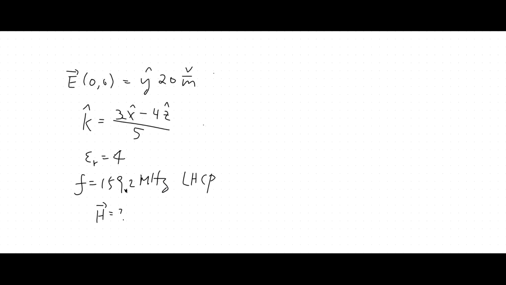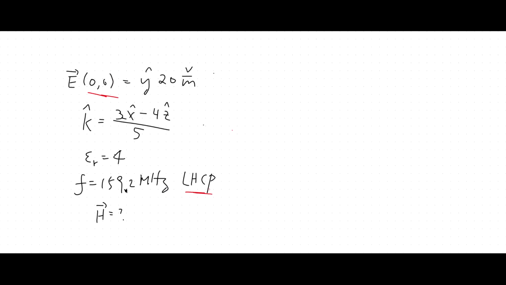So I want to find H, so I'm going to see if I know E first, right? Can I write down what the E field is? Remember, time is 0 and at the origin, the only term you see is the cosine term, which I call E1. Remember, for a circular polarized wave you have two terms, E1 and E2, H1 and H2.